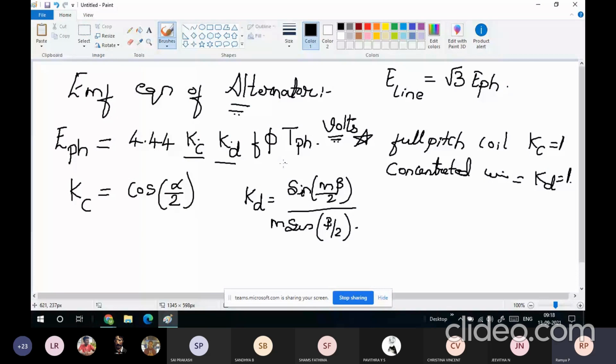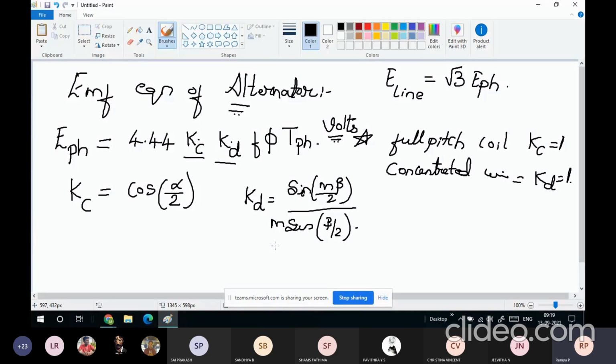So please take down the equations required for calculating the problems now. So here m is nothing but slots per pole per phase, meaning how many slots you have for one pole and for one phase.